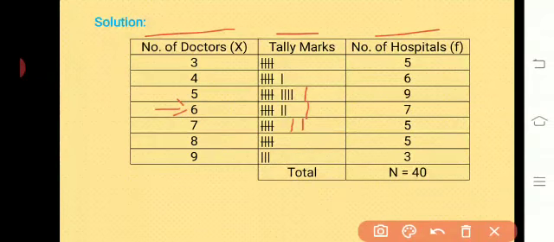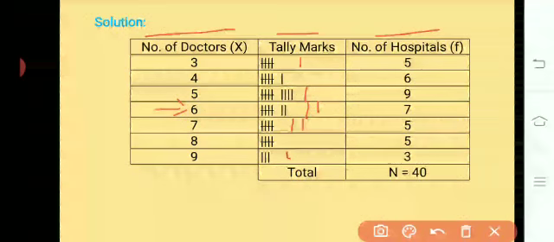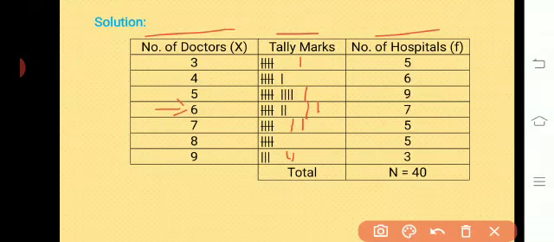Next observation is 6, so in front of 6, one tally mark. Then 3, so in front of 3, one tally mark. Next is 9, in front of 9, one tally mark. Then 8, in front of 8, one tally mark.